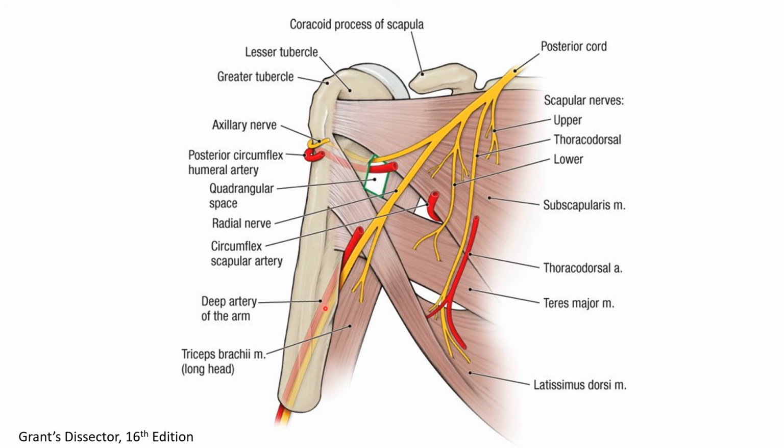Okay, so radial nerve and deep artery of the arm. You'll see those two structures together in the brachium. And then if we had the subscapular artery coming down, it would give off circumflex scapular artery, which would dive back posterior to the scapula, and then continue down as the thoracodorsal artery going to the latissimus dorsi muscle. And that runs right along next to thoracodorsal nerve.